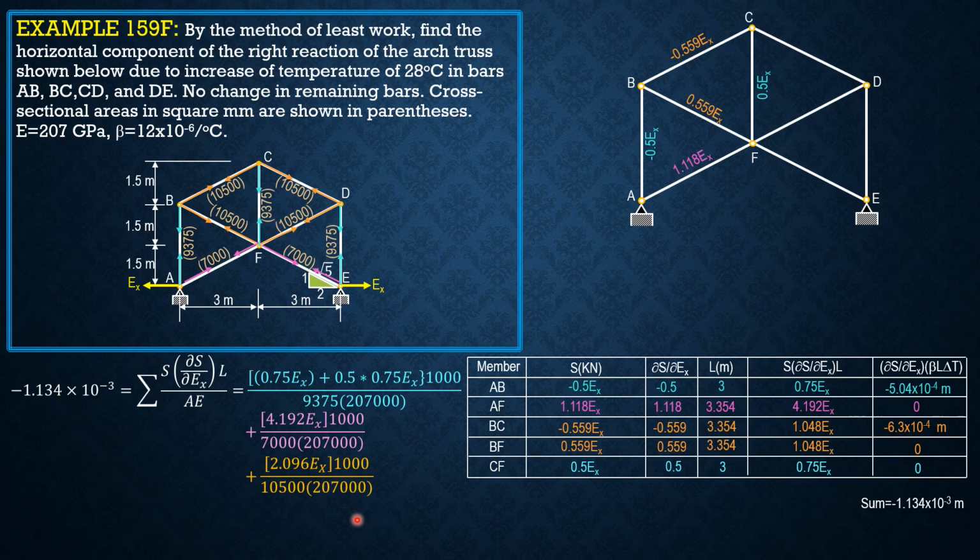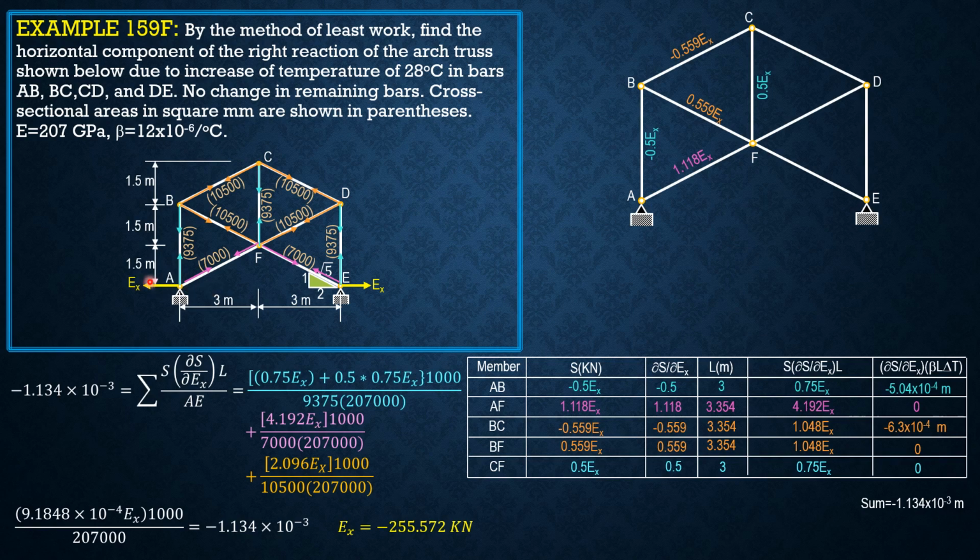So simplifying, we have 9.1848 times 10 to the negative 4 EX times 1000 over 207,000 equals negative 1.134 times 10 to the negative 3.